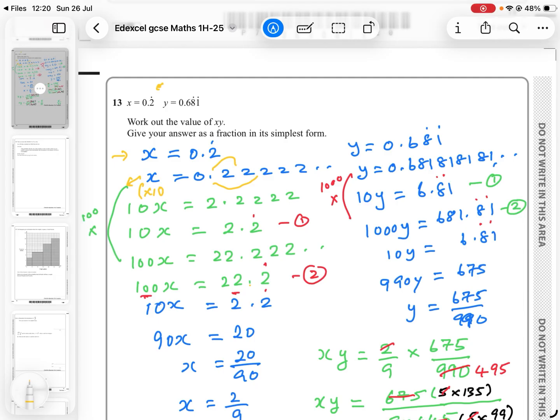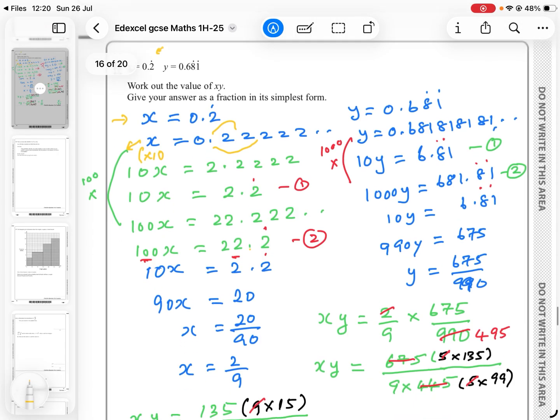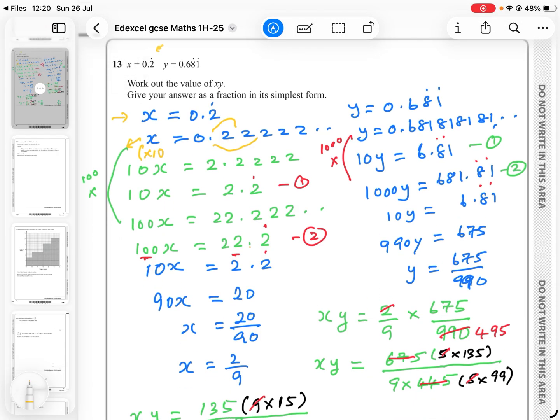Now to make a fraction, we do 100x take away 10x. 10x equals 2.2 recurring. So 100x take away 10x is 90x, equals 22 take away 2, with the recurring parts cancelling out.